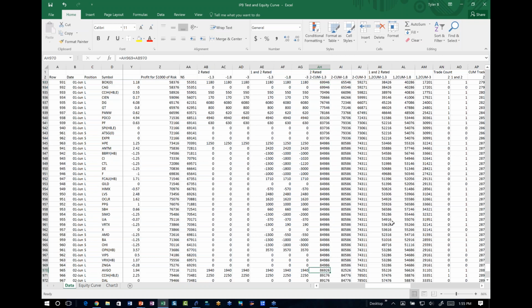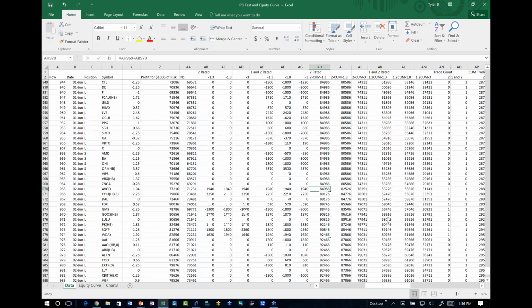How do I know it's 86.9? Because you can see there in the spreadsheet, it says 86,926. Divide that by 1,000, that's 86.9. I can then chart those gains for the month in what's called an equity curve. So I've got different lines that you're going to see on the equity curve in a moment. They represent different exit strategies.